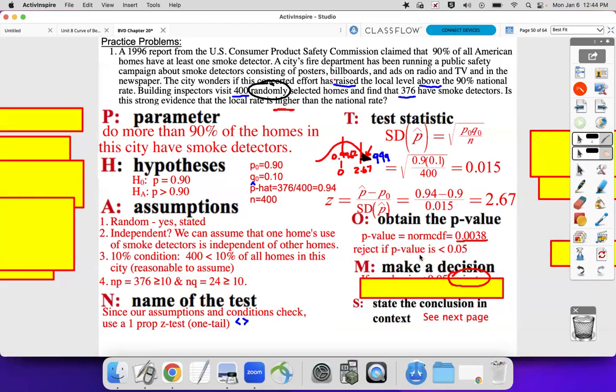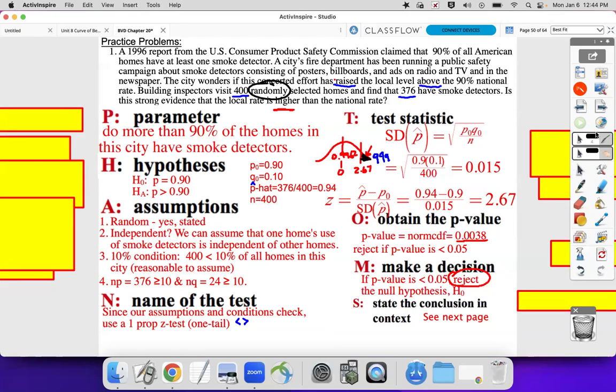So what we got was a p-value of 0.0038. That is less than 0.05, which we are going to use for the first few days. We're going to say 0.05 is an unusual number if it's less than that, and that is less. So your decision is if the p is low, reject the H0. So we are going to reject the null hypothesis.